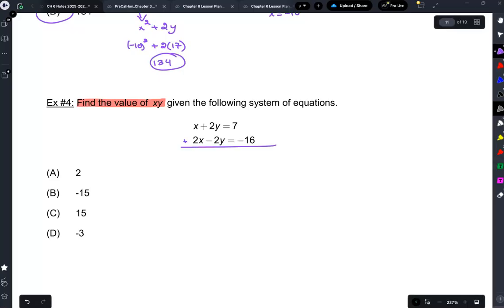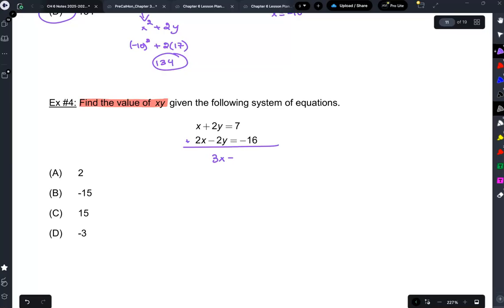So let's do that. So 3x equals negative 9. But it's 2y and negative 2y. Okay? Okay. So x equals negative 3.